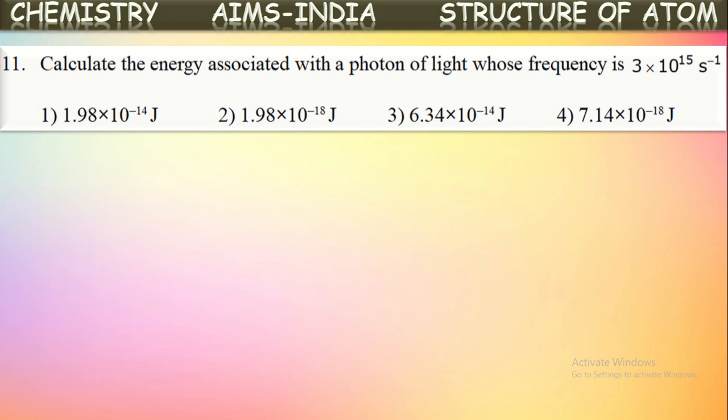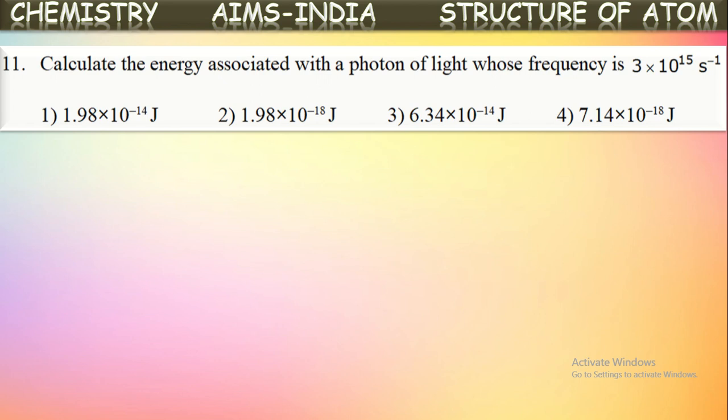Calculate the energy associated with a photon of light whose frequency is 3 into 10 to the power of 15 second inverse. So what is given in the question, if you observe, and what is to be found? If you understand these two, we can find out the answer very easily. See here, they have given the frequency and asked to calculate the energy of a photon.